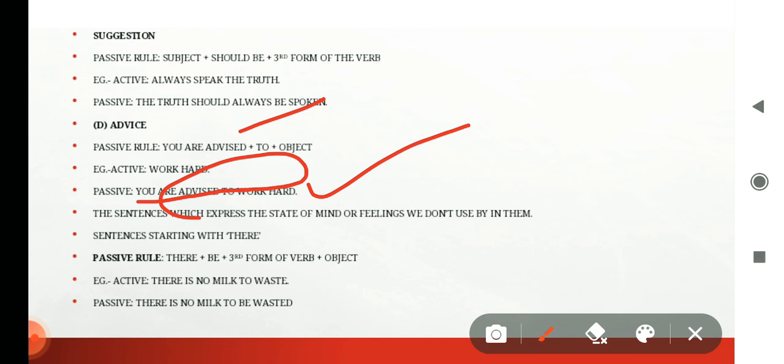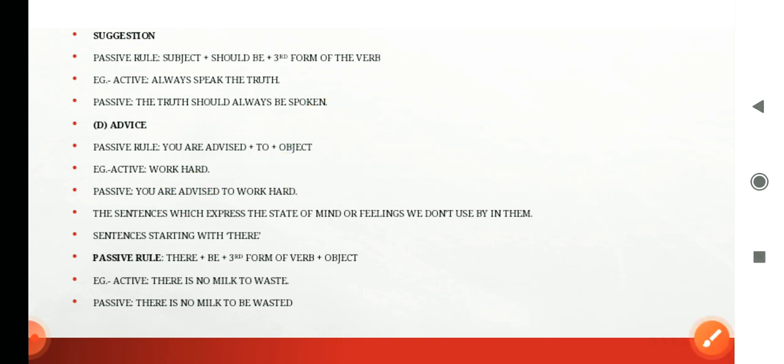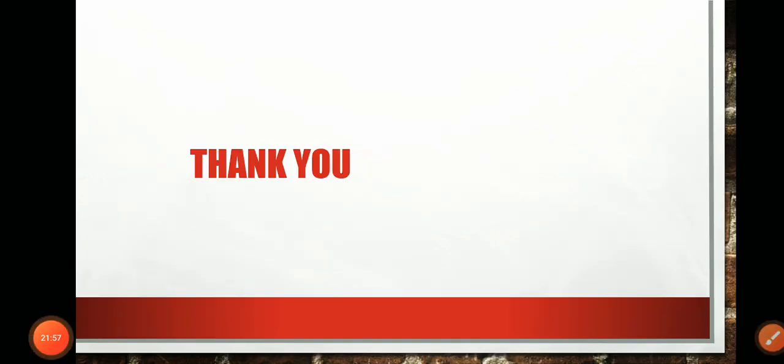Up to the first part the sentence will remain the same, and the only thing we change is to be wasted. There is no milk to waste, that is the active sentence. If we convert it into a passive sentence, we will write there is no milk to be wasted.